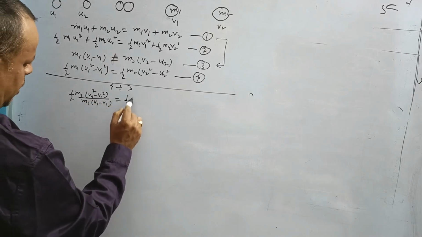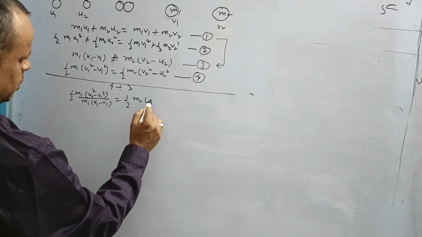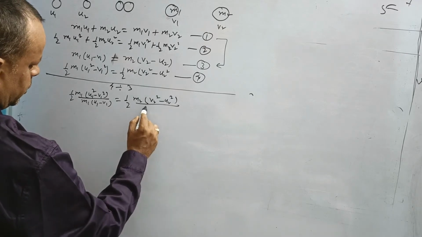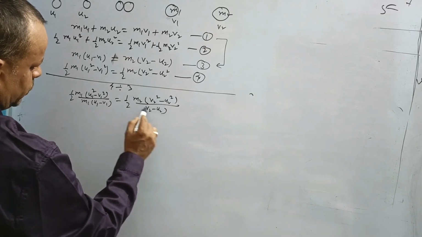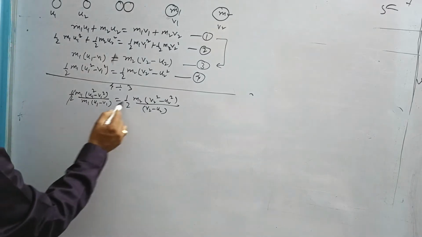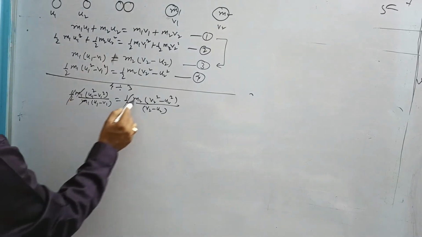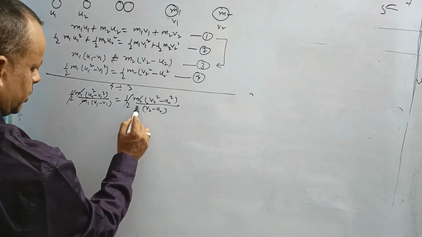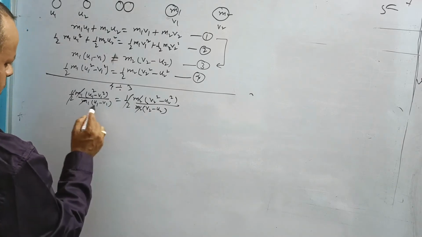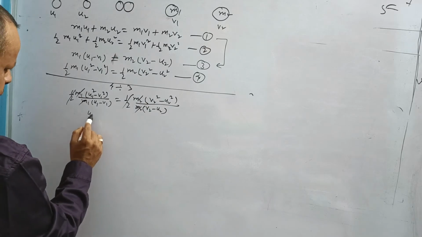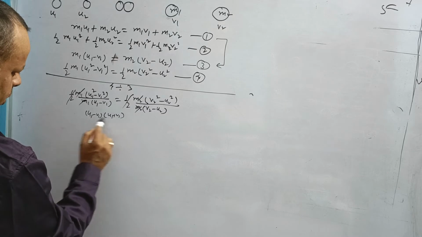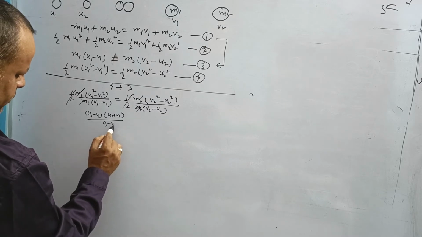Here it is half M2, V2 square minus U2 square, upon M2 into V2 minus U2. See, half getting cancelled out, M1 and M2 also cancelled. Over here this will be U1 minus V1, this will be U1 plus V1, and this will be U1 minus V1.